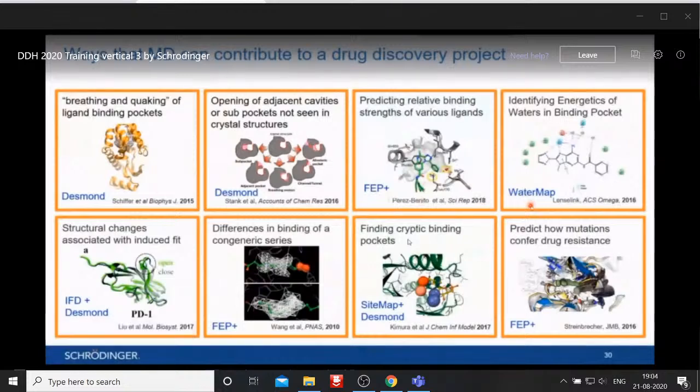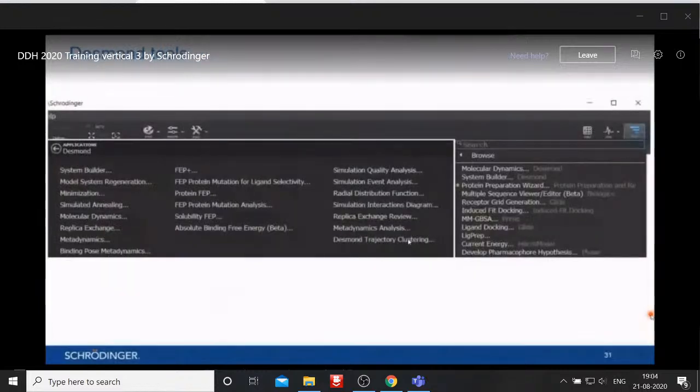You can also perform water map calculations. Then you can also perform induced fit and MD, IFD-MD exercise. So there are various things you can perform using Desmond MD simulation, which help you address particular biological problems.